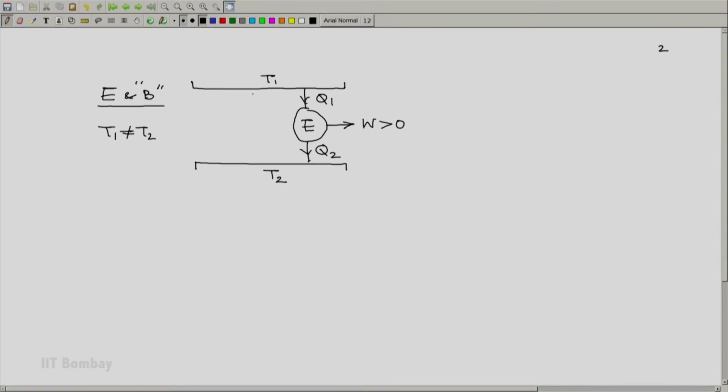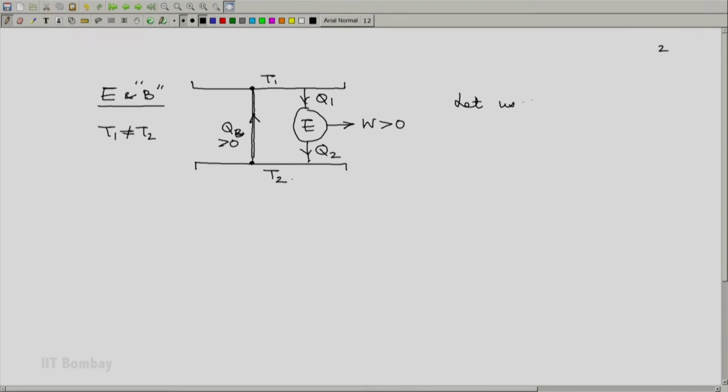Now, B means we have a facility by which an amount of heat QB is transferred from the reservoir at T2 to the reservoir at T1 in this direction. Now, let us see what happens. Notice that the engine E is rejecting heat to the reservoir at T2, and this process B is extracting some heat from T2 and providing it back to T1.